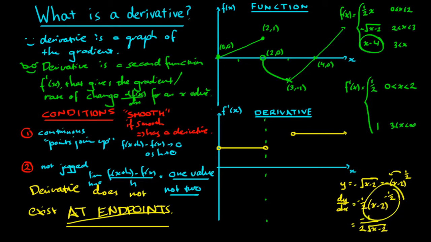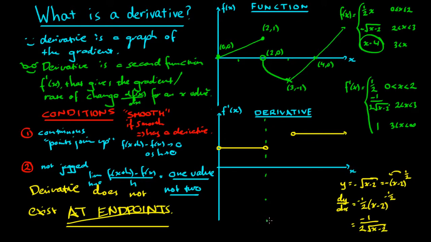If you've studied the chain rule, that'll all seem a bit simpler. So I can pop that in, negative 1 on 2 root x take 2, and that derivative exists between 2 and 3. So I can mark that in.